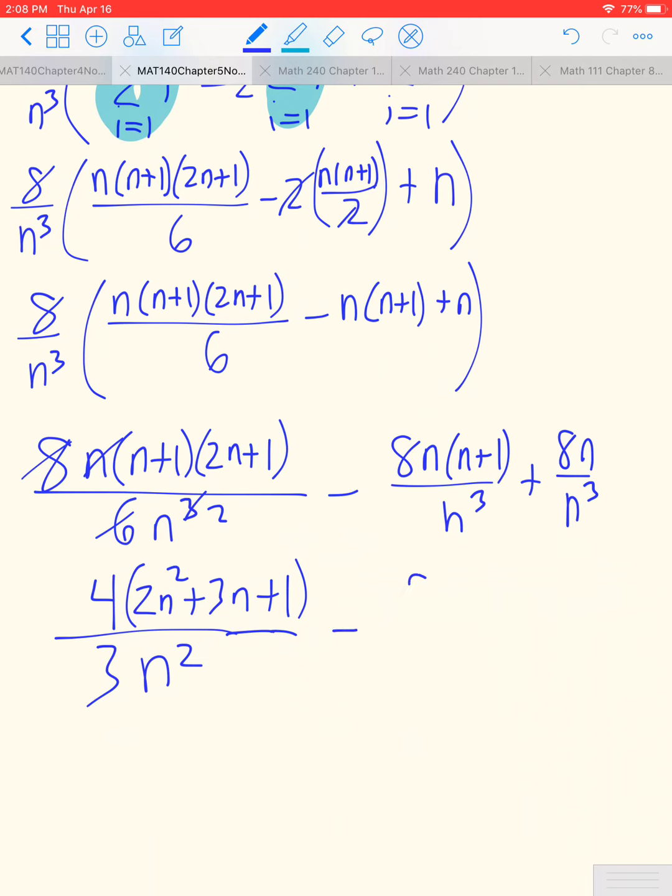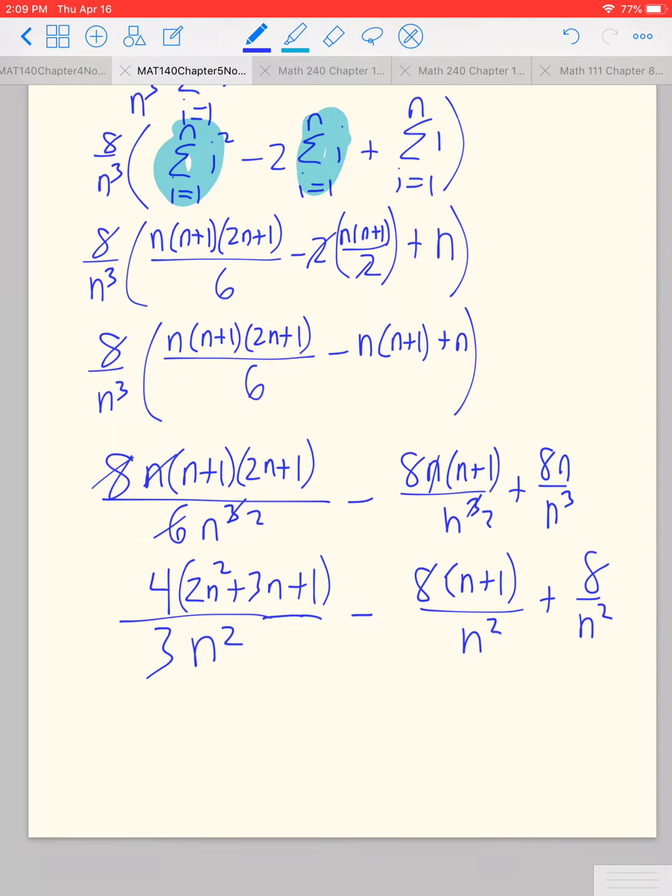Minus, this is going to be an 8. One of the powers of n will cancel, so I'll have an 8 times n plus 1 over n squared, plus 8 over n squared.